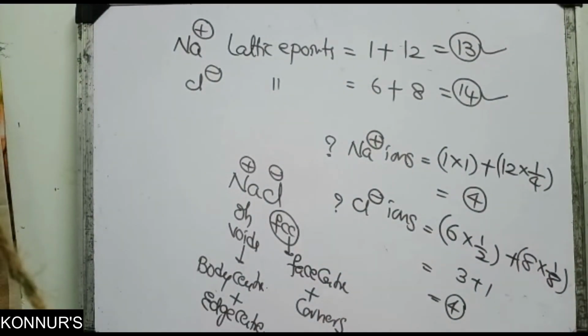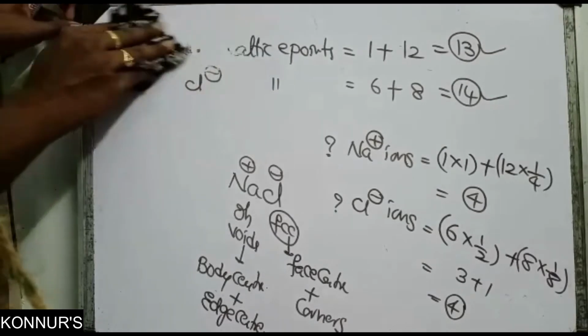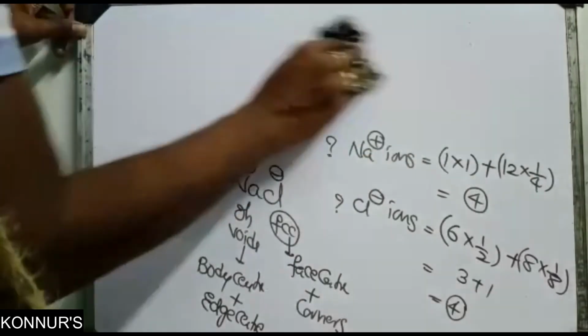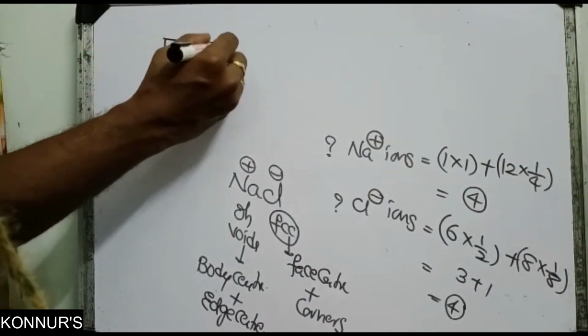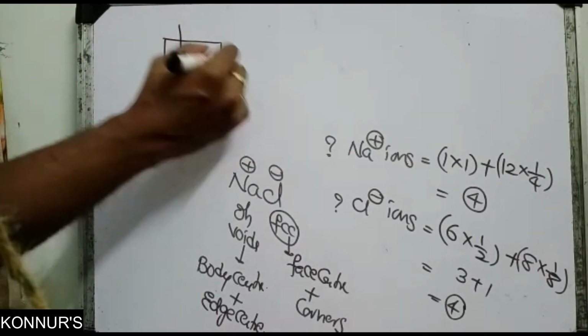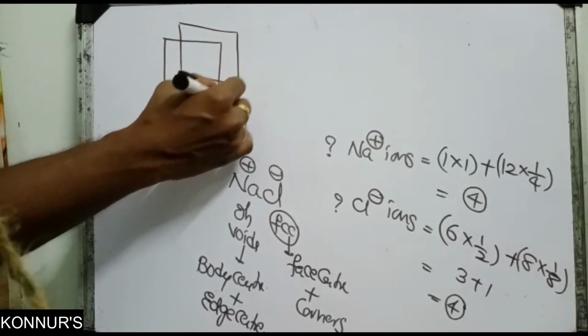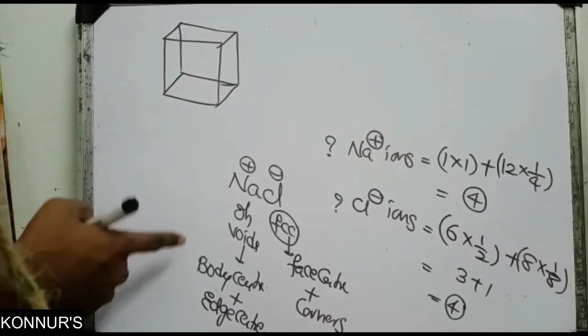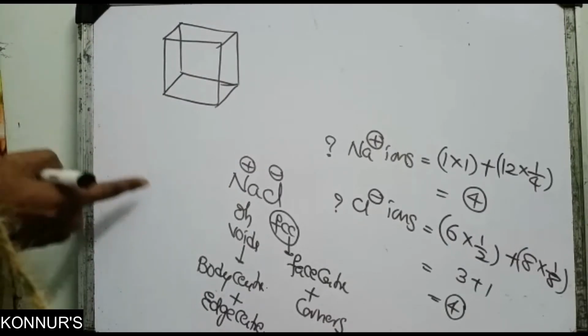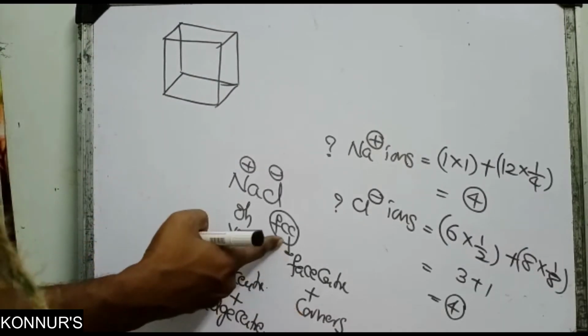Next, another problem, how they will ask: you write down that location. This is also very, very important. Many times they can ask about this. Here corners, who is at the corners? Cl-.